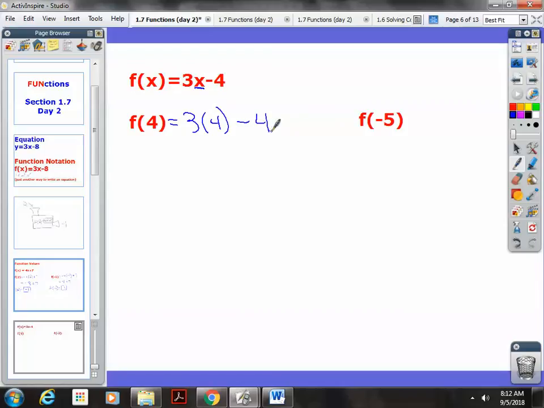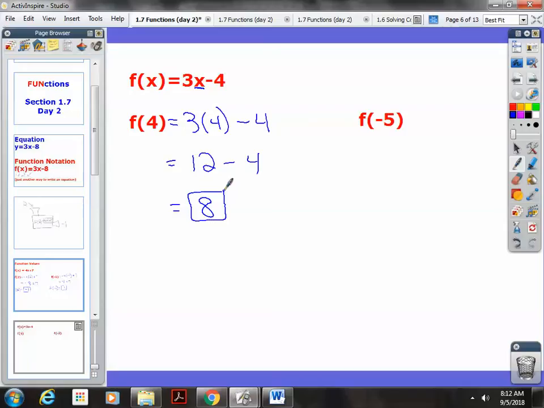Step 1 is just to substitute in. Step 2 is to use your order of operations. We, of course, would multiply first. 3 times 4 is 12. And 12 minus 4 is? Any questions before we move on?